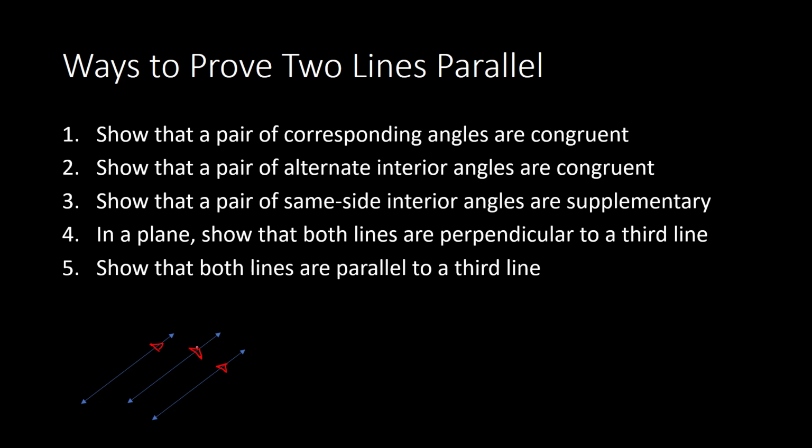So if both line 1 and 2 are both parallel to line 3, then we can conclude that line 1 and 2 are parallel with each other. So now we have 5 ways to prove that two lines are parallel, and from here we're going to use that information to try to prove that two lines are actually parallel.